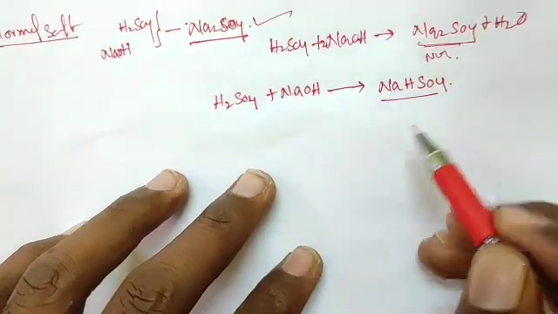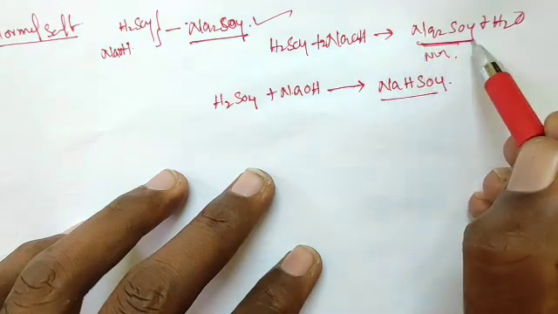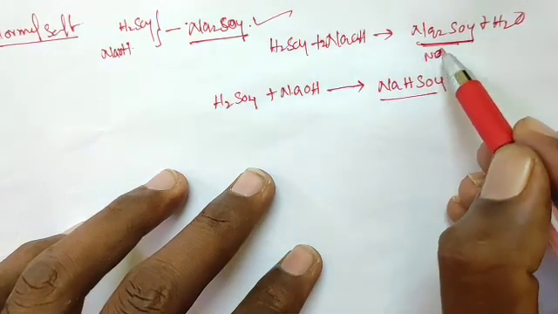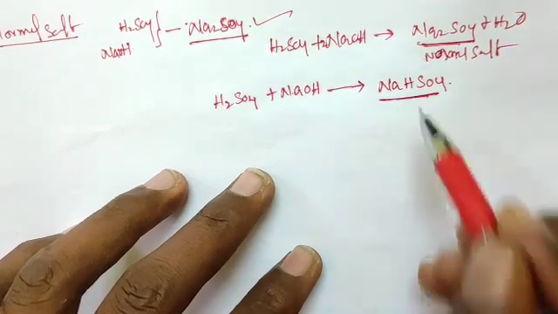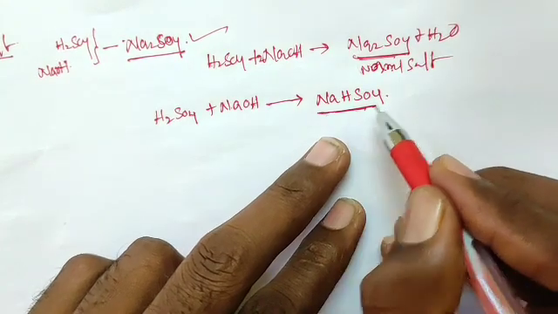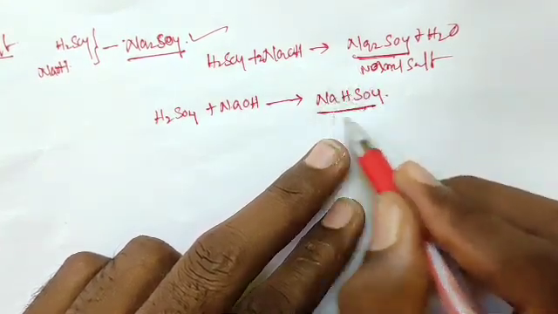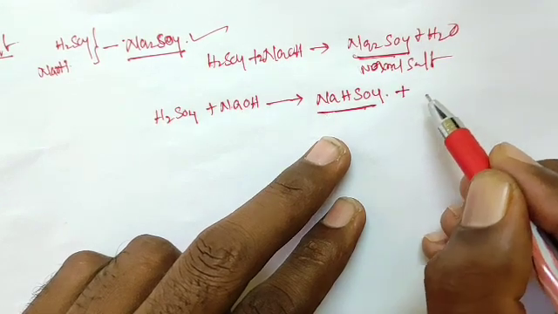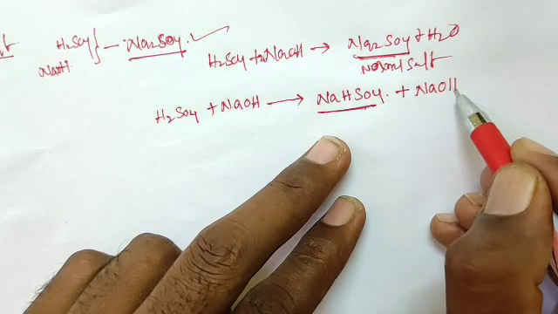Now is this neutral or not? The same combination H2SO4 and NaOH gives Na2SO4, which is a normal salt. But here hydrogen is in the middle, a replaceable hydrogen. So this compound can again react with NaOH.